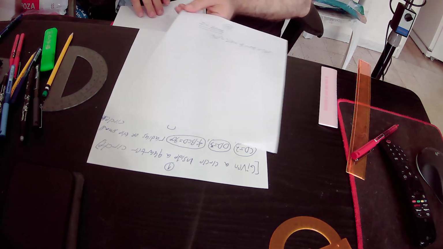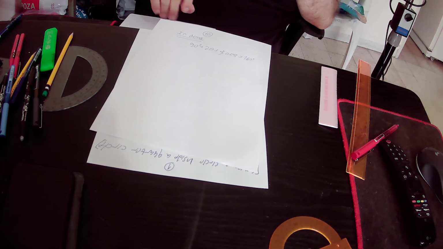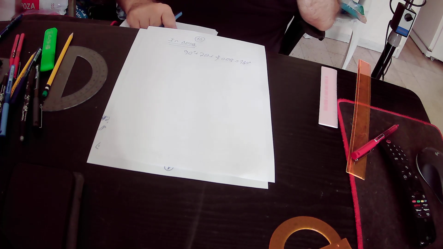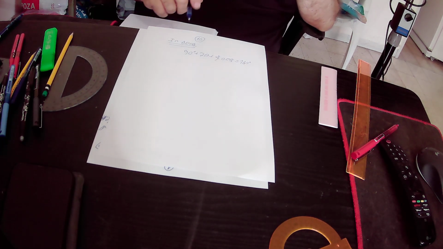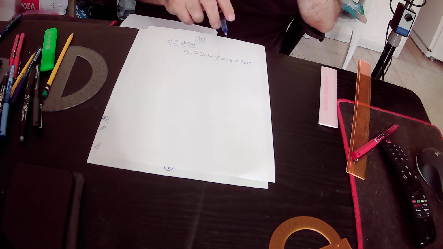Again, in the right triangle, triangle EOB, the sum of the angles is equal to 180 degrees, that is to say 90 degrees plus 2 theta plus angle OEB must be equal to 180 degrees.